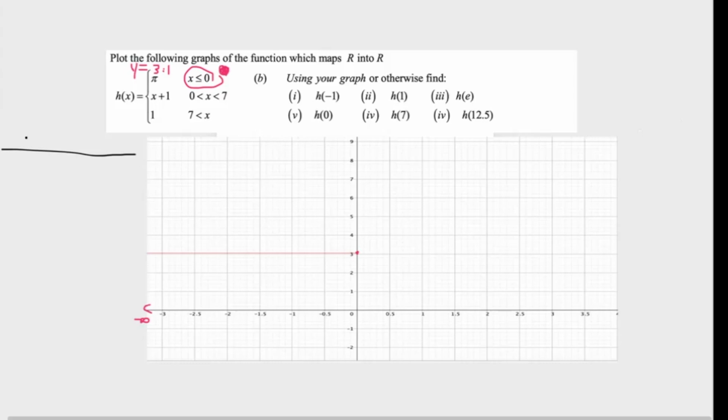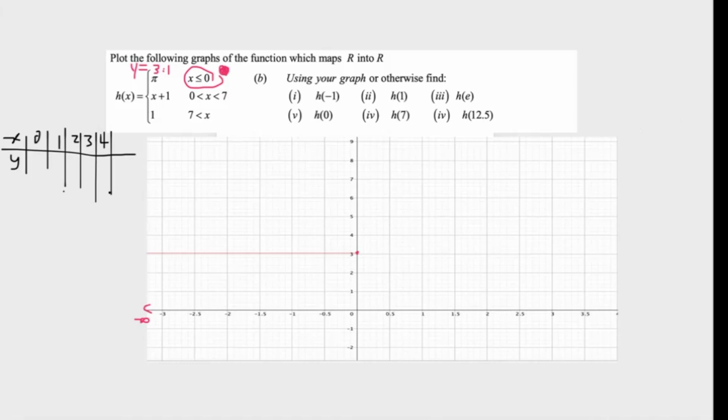So we have our table, x and y, and the numbers are 0, 1, 2, 3, 4, 5, 6, 7. So for x equals 0, put 0 here.